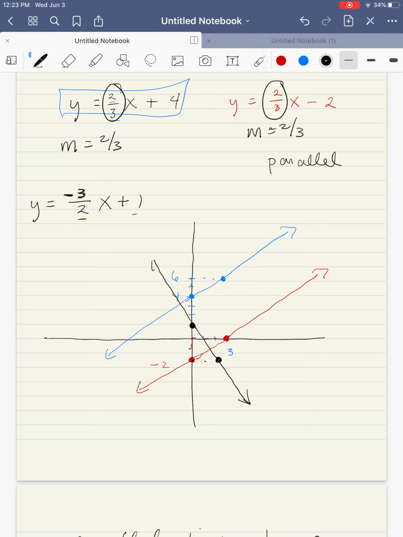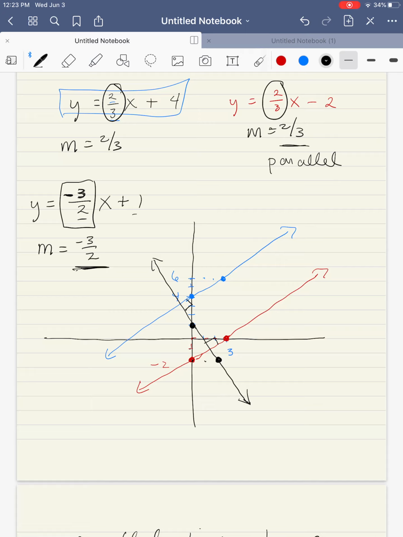And if I draw that line, notice the relationship of that line to the other two is that it's perpendicular. I have a right angle between each of those. My slope on this one is -3/2.